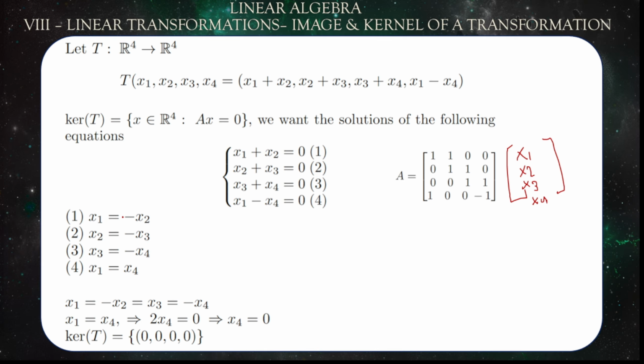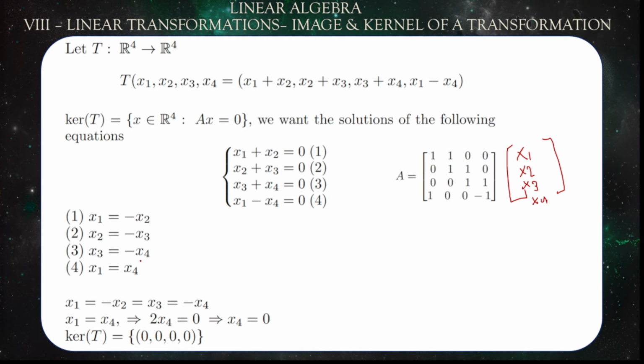So x1 is equal to minus x2, x2 is equal to minus x3. We are moving x3 to the right side of the equality, from left to right. x3 is equal to minus x4, and x1 is equal to x4.